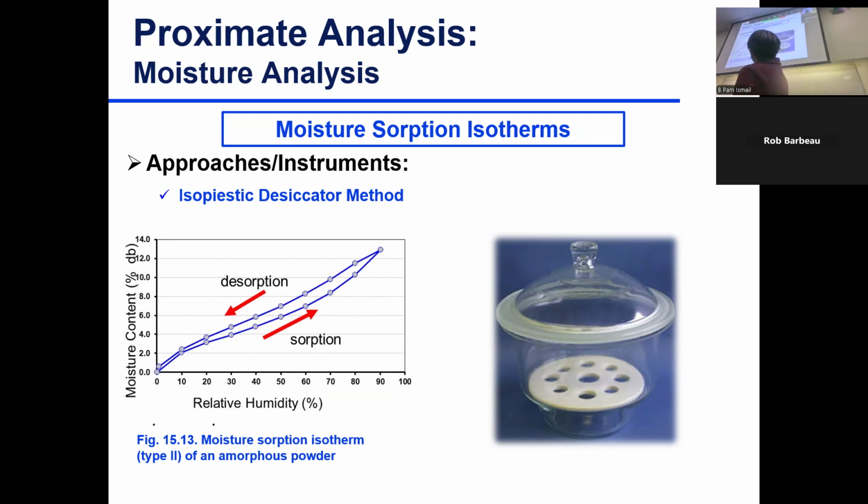And then we plot the desorption, the loss of moisture, and the sorption, which is the gain of moisture. And from that plot, we used to have a big Excel sheet that would calculate the monolayer, multilayer of water, and a lot of different mathematical calculations to help you understand the stability of your sample as well as the shelf life of the sample.